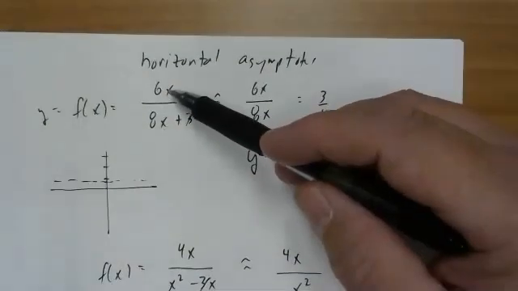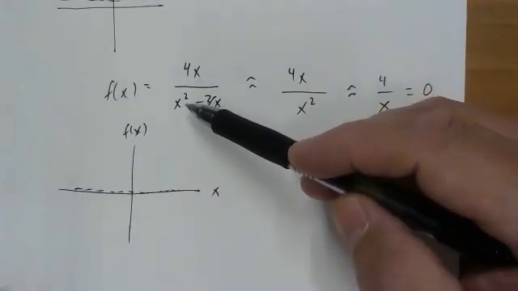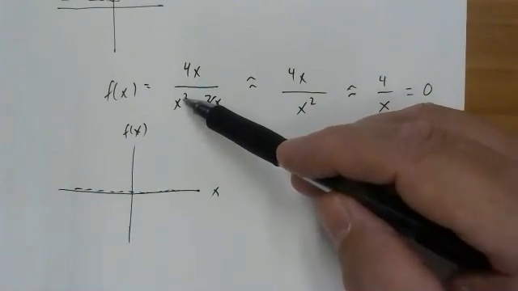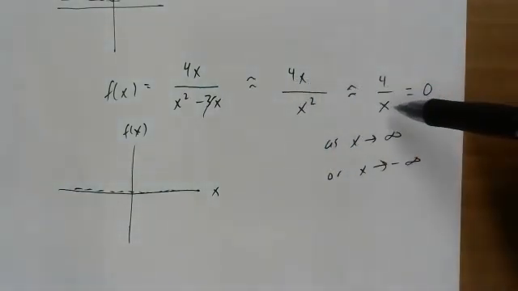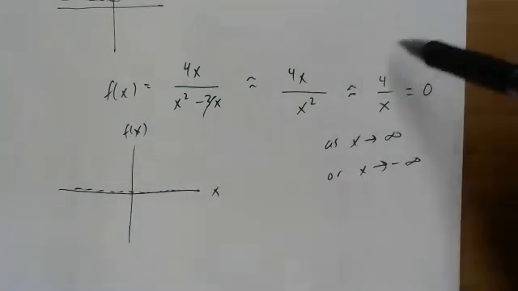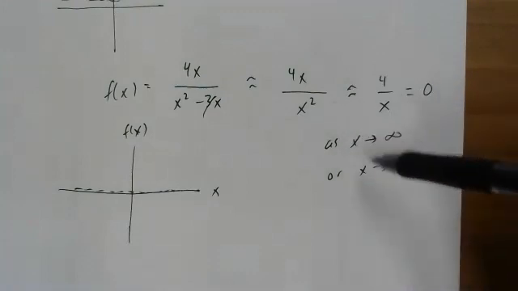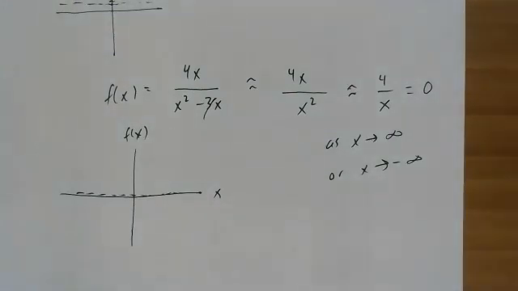So there's a case where the leading terms have the same exponent. What happened down here? The leading term in the bottom is larger than the top. So by the time you cancel, you're left with the variable in the bottom. And as that variable gets very, very large, the function equals 0. So you have a horizontal asymptote at 0.